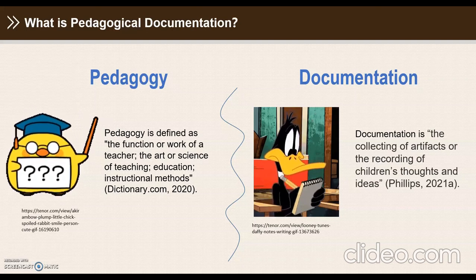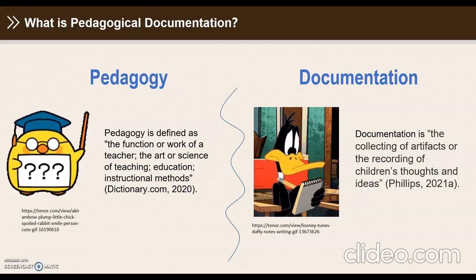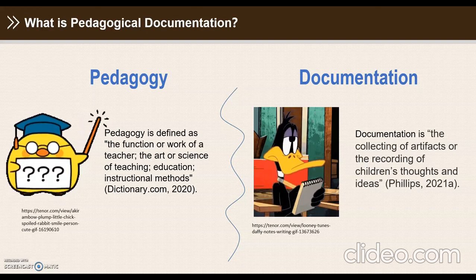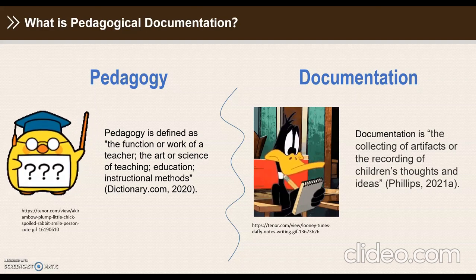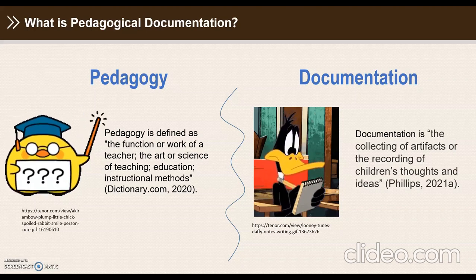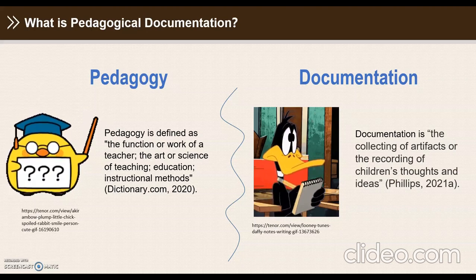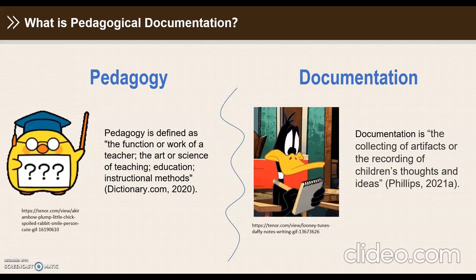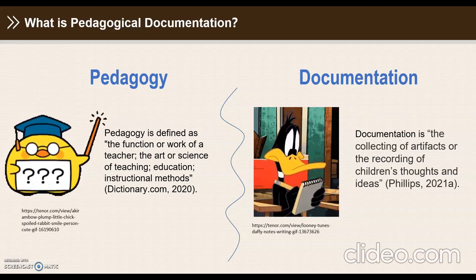Also, knowing the meaning of documentation is a very initial step to understand the process. Documentation is the action to keep a record of events. When educators document children's learning, it means they keep a record of proof for their learning.